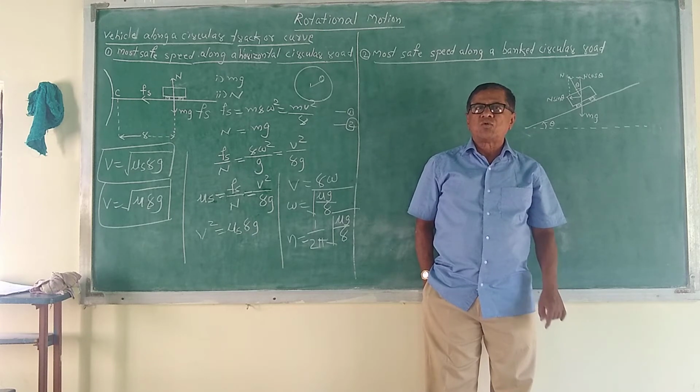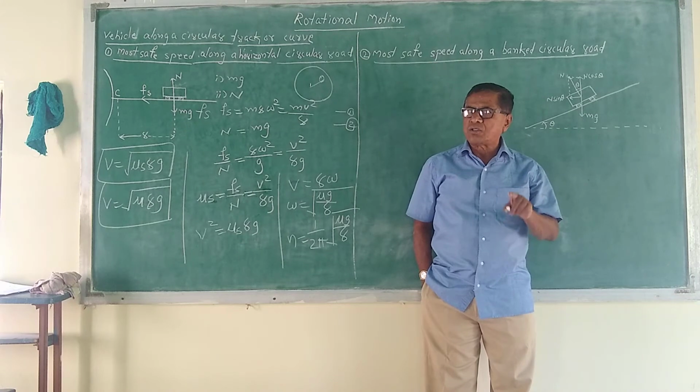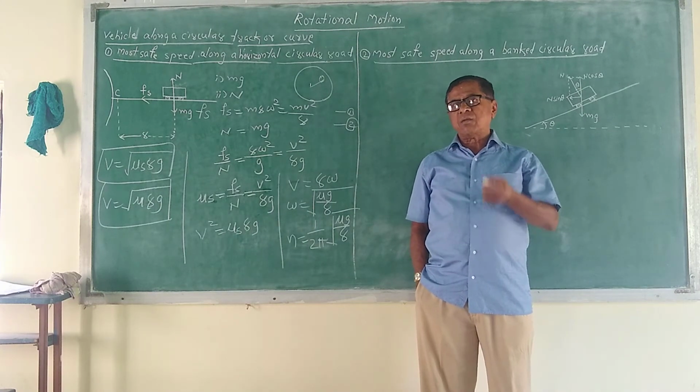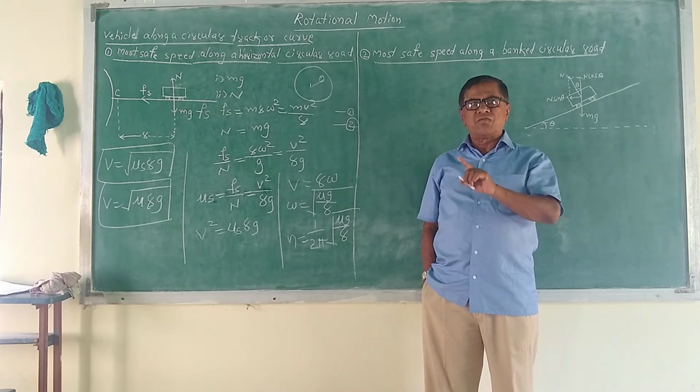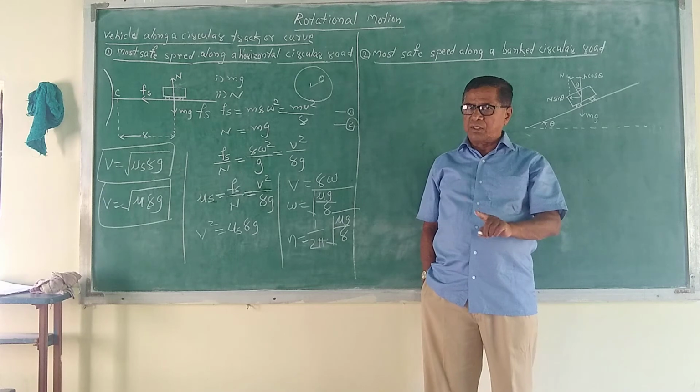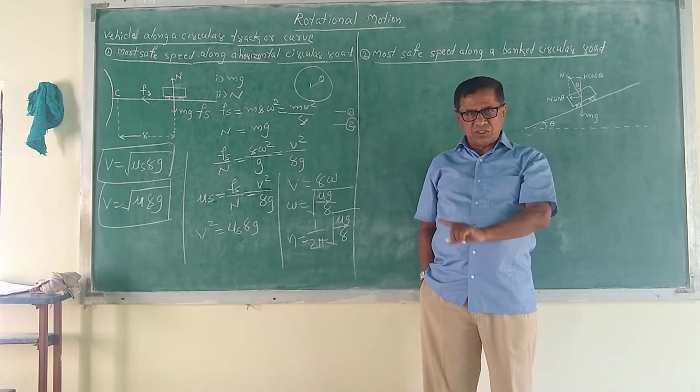V is equal to square root of mu Rg. That can be converted into omega, that can be converted into the n, that is the frequency, number of revolutions completed in 1 second. That is the first derivation.